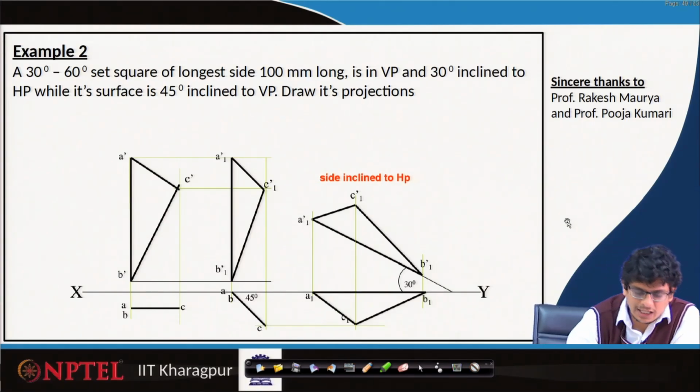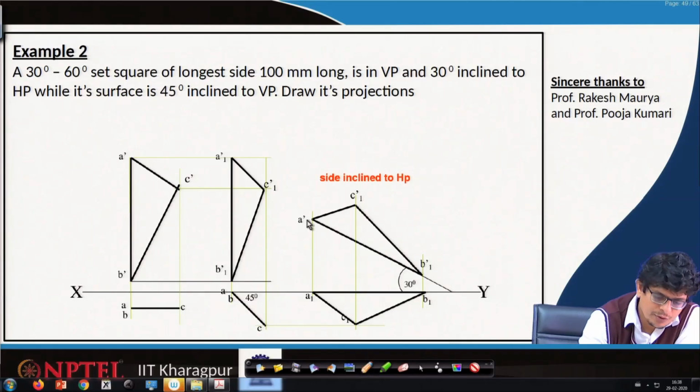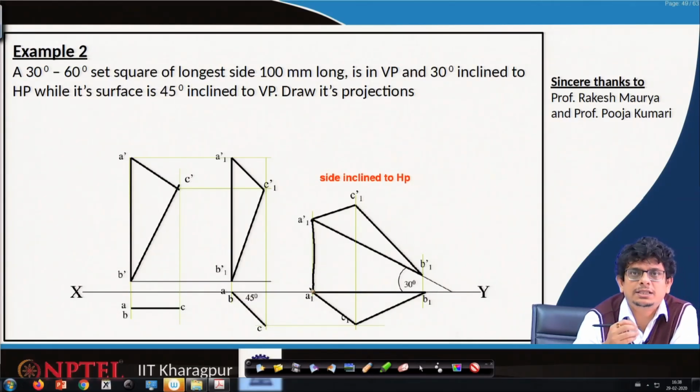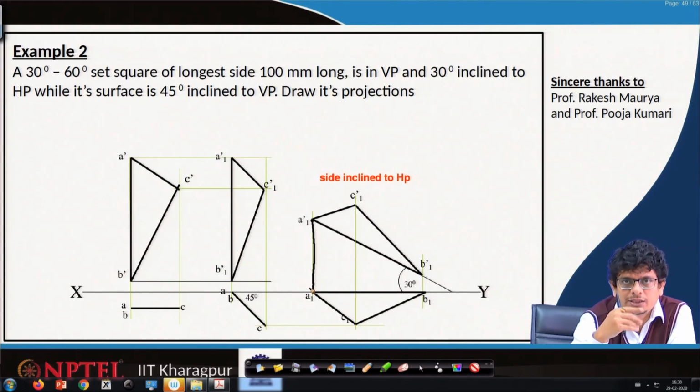So, now the last step is to project this entire A1 all the way down, because this set square is supposed to be on the vertical plane. So, the longest one will always be in touch with this vertical plane.